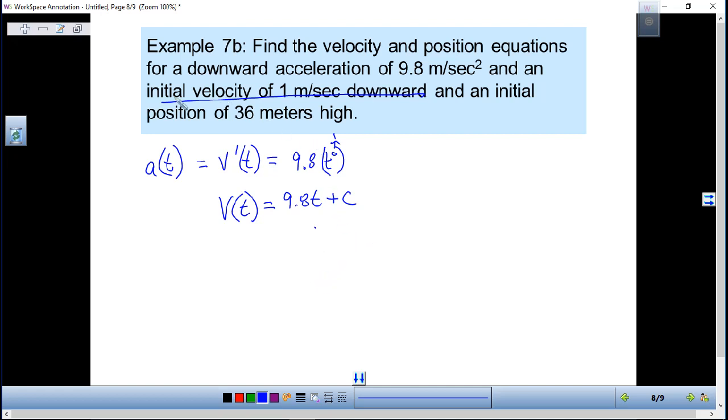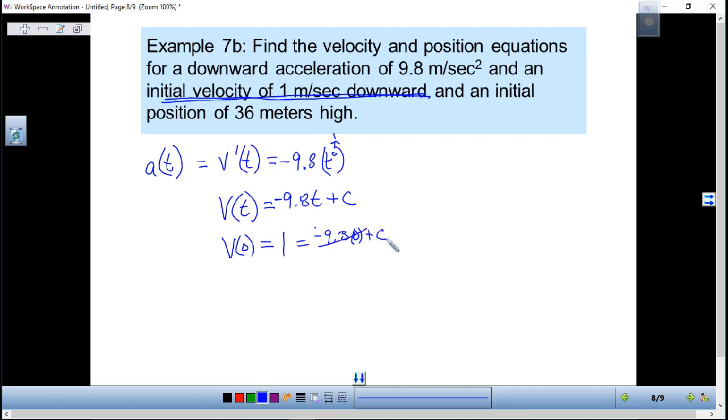All right, so that's where our initial velocity of 1 meter per second downward comes in. Oh, and by the way, this should be downward acceleration, so it should be negative 9.8. So our initial velocity, v of 0 equals 1 meter per second. And that means that t is 0 everywhere in this. So if we have negative 9.8 times 0 plus c, well, that just goes away.